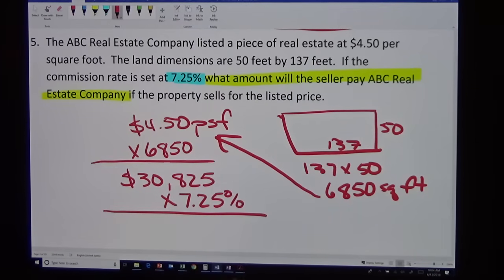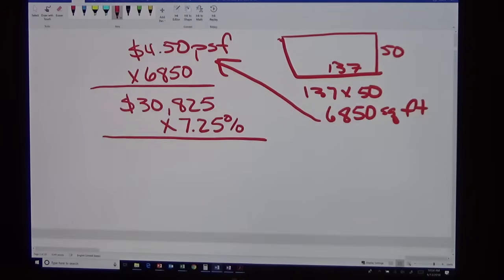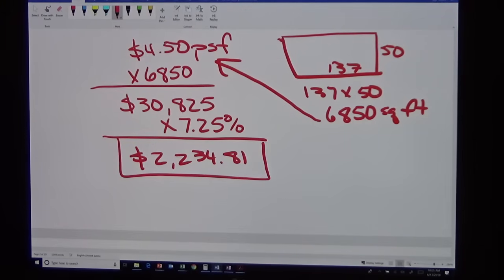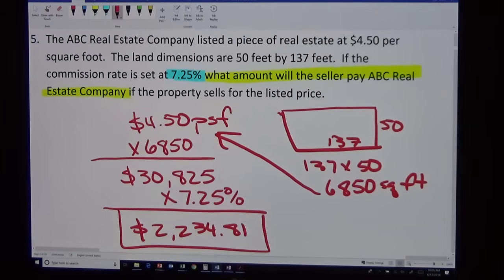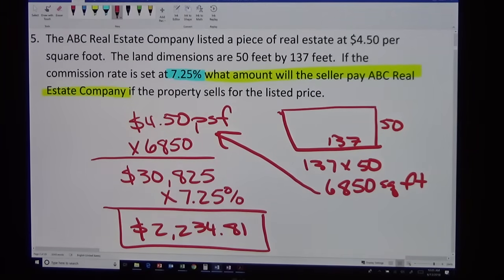So times 7.25% equals a commission of $2,234.81. $2,234.81 is your commission that's going to be due on the transaction in number 5.